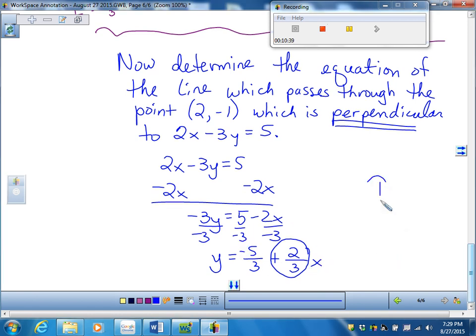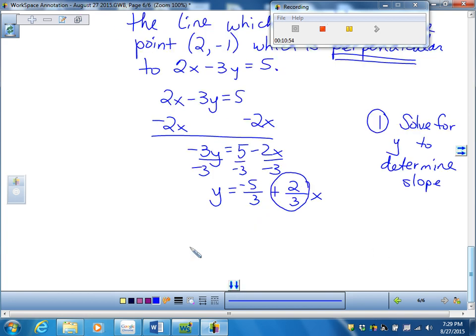Now, once I have solved for y, to determine my slope, remember that I am looking for a line that is perpendicular to 2x minus 3y equals 5.